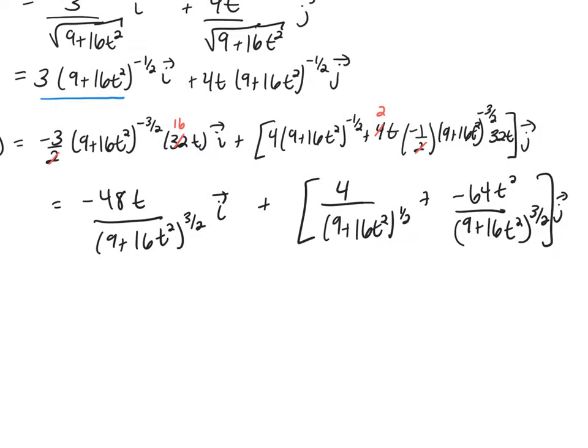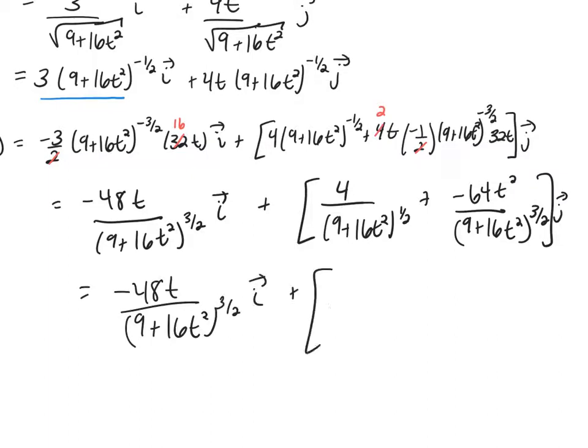So then get a common denominator for the j component. My common denominator would be this denominator that's over here. So I'm going to multiply the first fraction by 9 plus 16t squared on top and bottom.